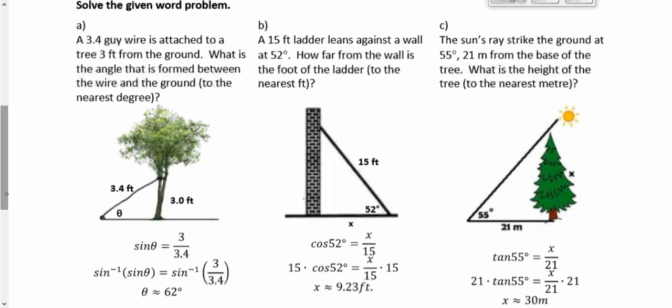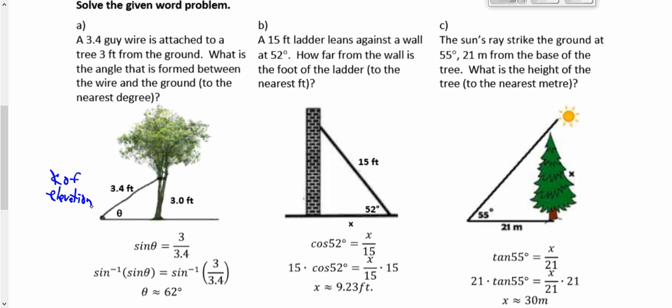So, first one here, we got a tree being held up by that guy wire. What do they want to know? What is the angle formed between the wire and the ground? We call this angle what? Angle of elevation, right? They didn't say it, but that is the angle of elevation.